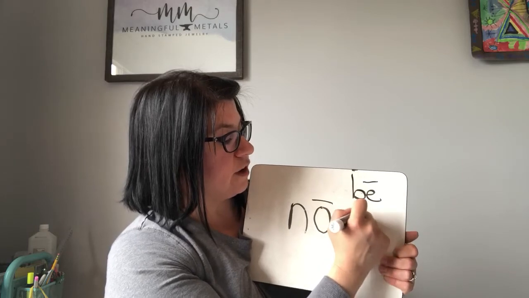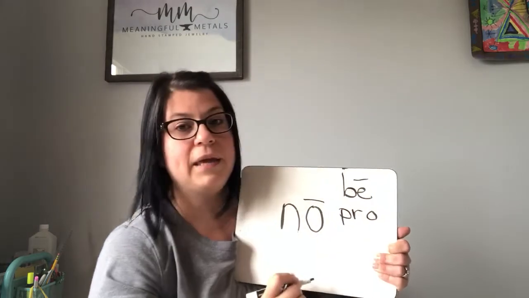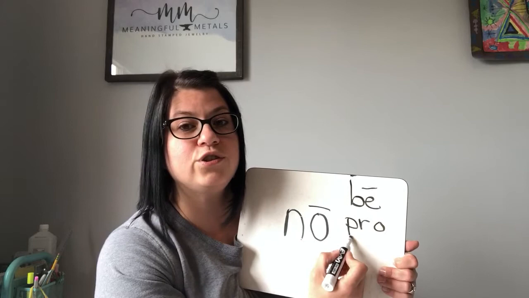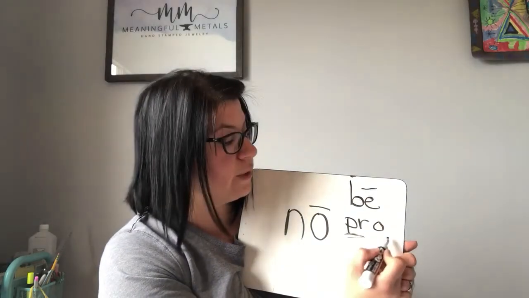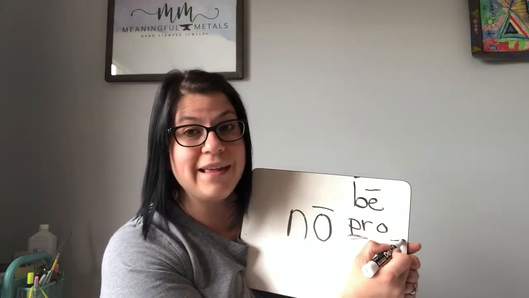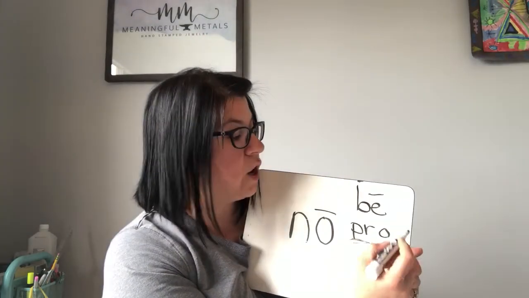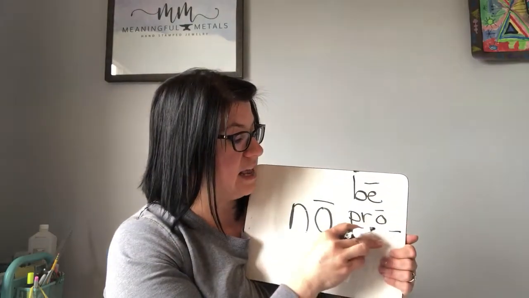Let's do this one right here: P-R-O. We have two consonants before the vowel, but do we have anything after the vowel? We don't have anything after the vowel. It's still wide open, making this vowel say its name, all right?